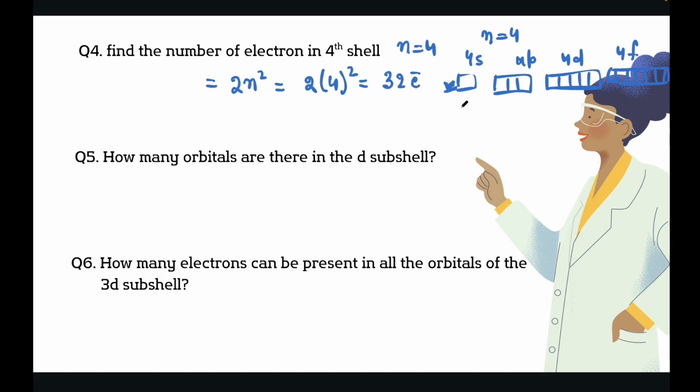Each orbital can hold only 2 electrons, so we can fill 2 electrons in each orbital. Now calculate all the electrons that we fill in each orbital, and the answer will be 32.